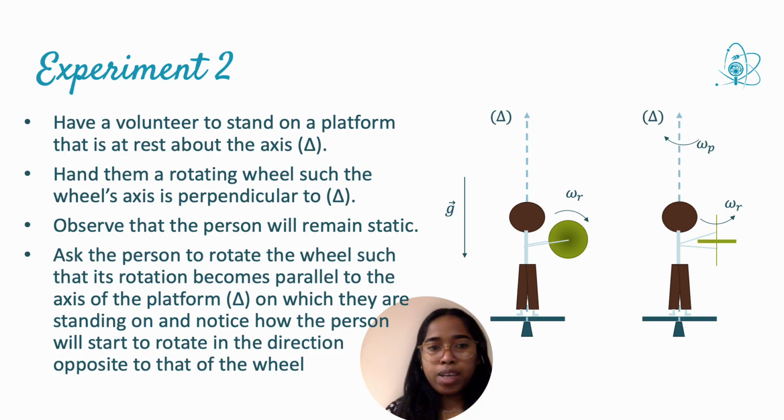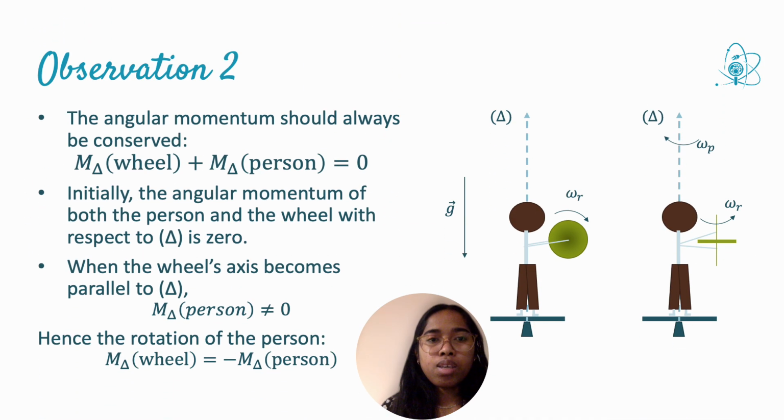And how do we explain that? Initially, when the wheel is oriented such that its axis is perpendicular to the axis delta, the wheel's moment is 0, and also the moment of the platform or the person is 0 about the axis delta. So the momentum of both is 0, and the person remains static.